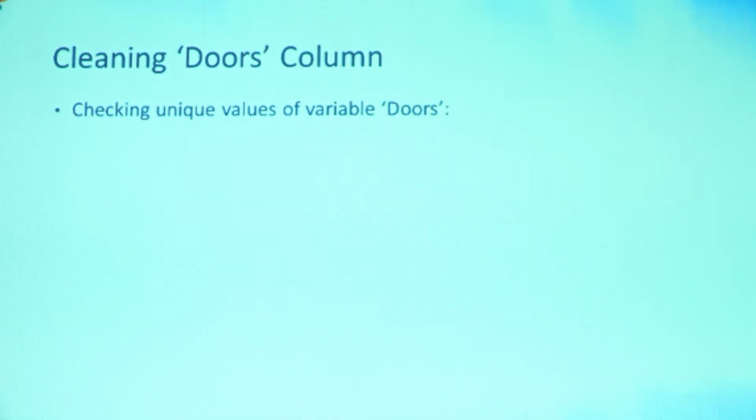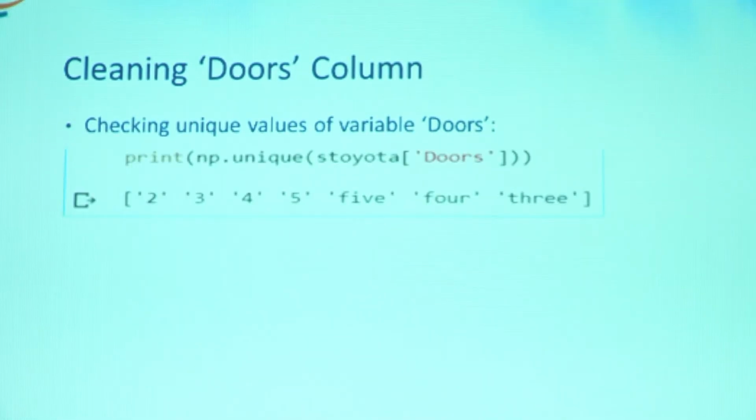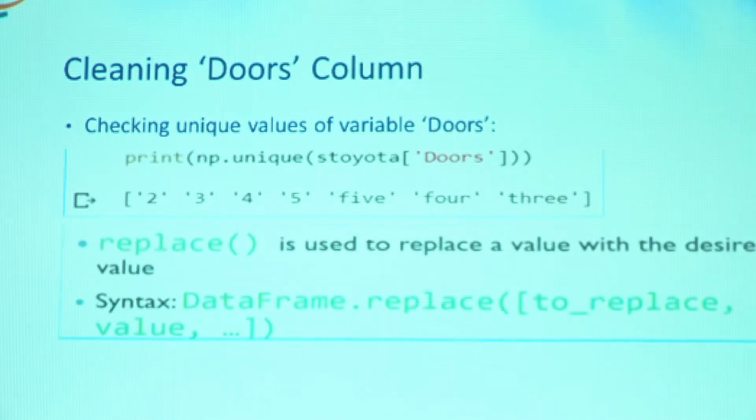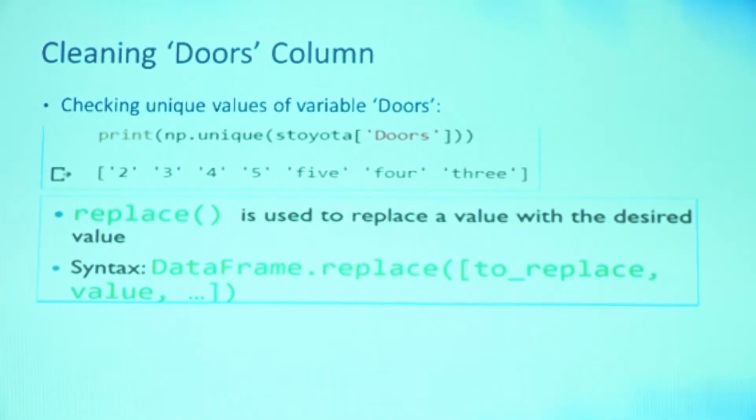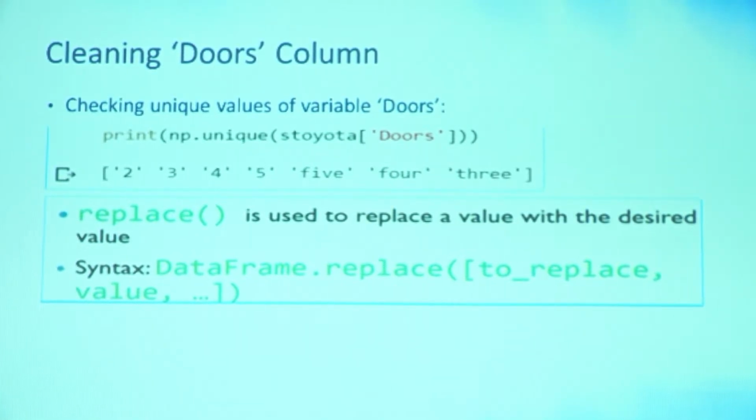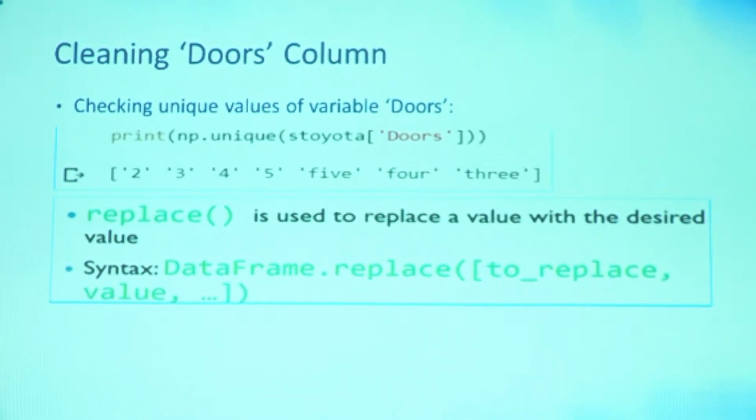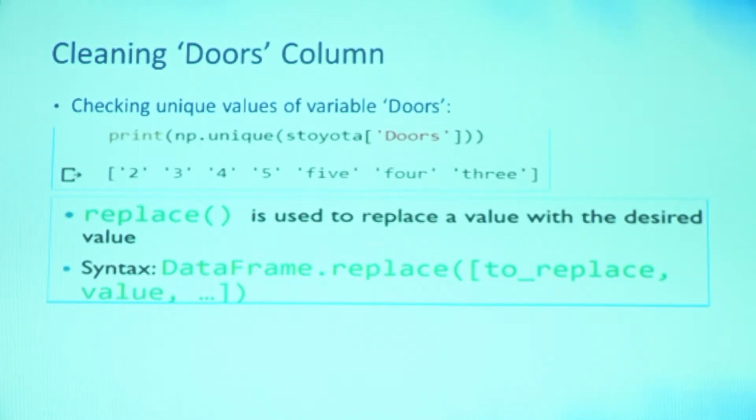If you do it, it will be better. Those who can do it, please do it on your own. Those who are having some difficulty, a syntax is there on your screen. The replace method is used to replace a value with the desired value. Now at least by using this syntax you can try. Please do that.